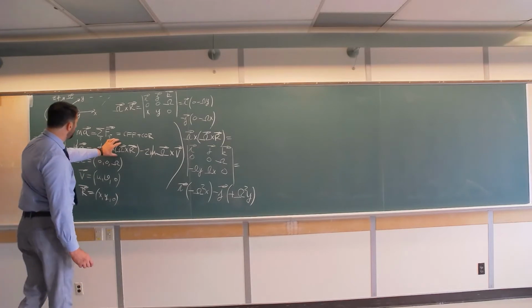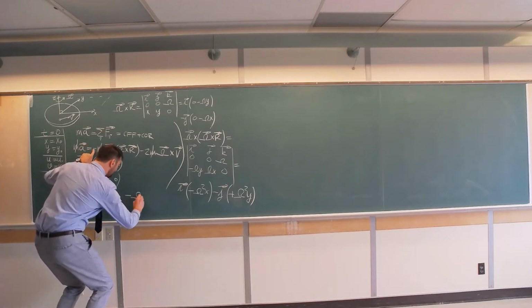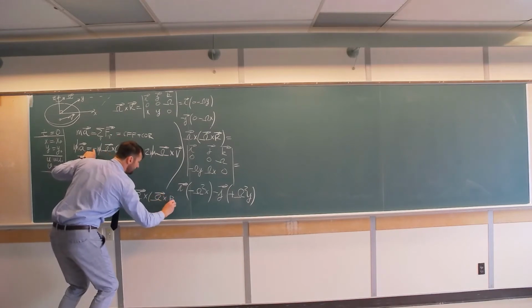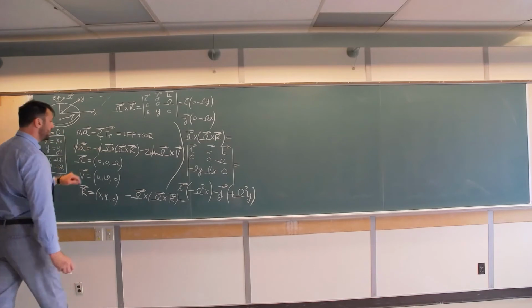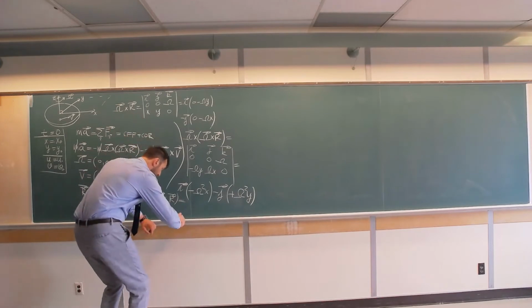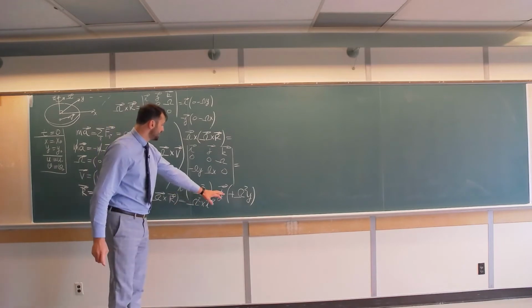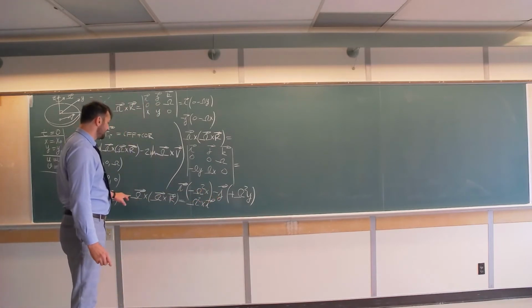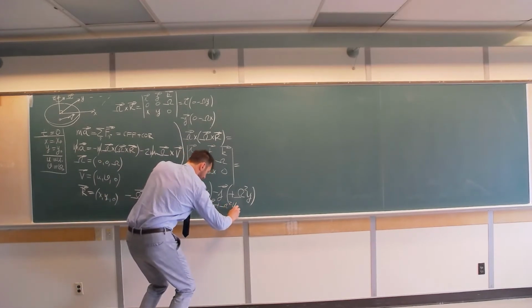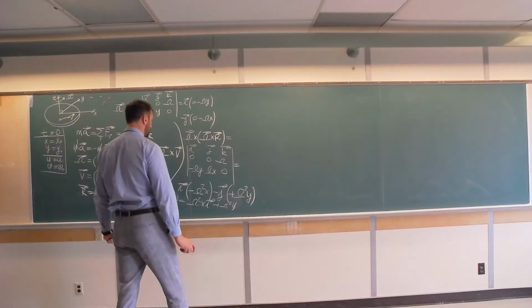So we can conclude, therefore, that this vector, but don't forget this minus over here, that this vector minus omega cross r has components that are here. This minus and this minus will give me plus omega square x i. This minus and this minus will also give me plus omega square y in the j direction.